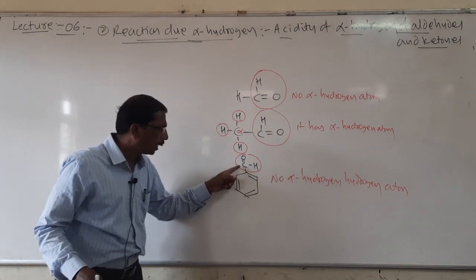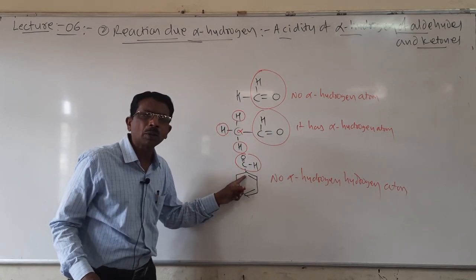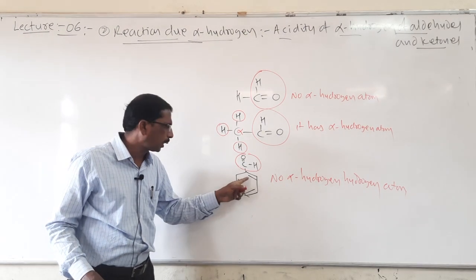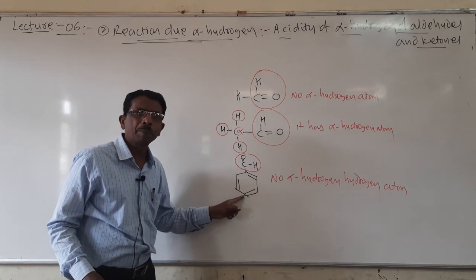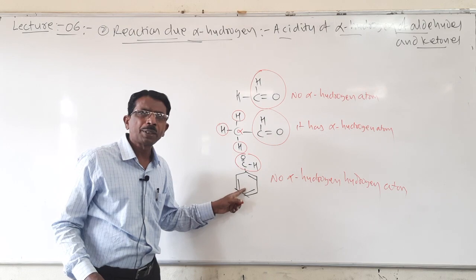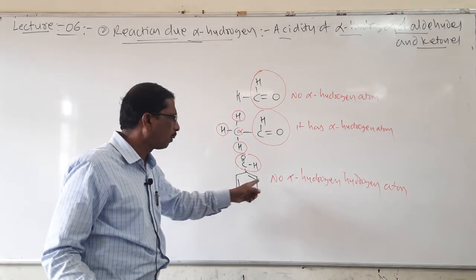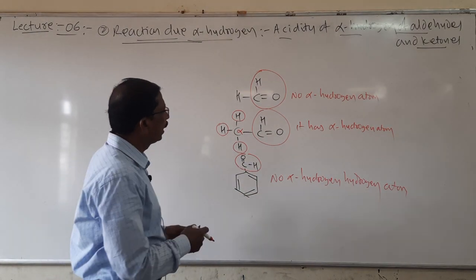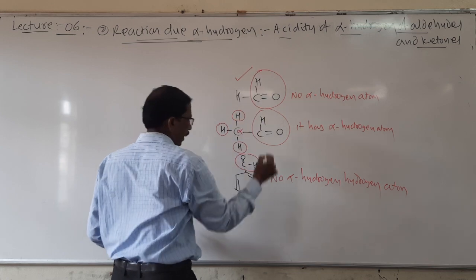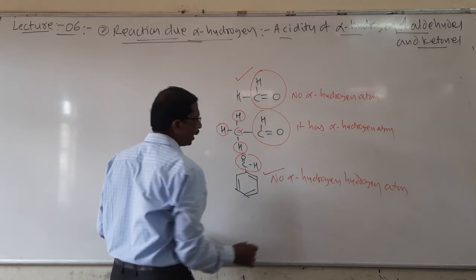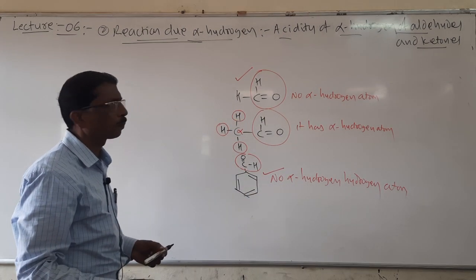Look here, this aldehyde group is directly attached to the benzene ring. So therefore these are unsaturated carbon atoms. This does not have an alpha hydrogen atom. So formaldehyde and benzaldehyde do not have alpha hydrogen atoms.